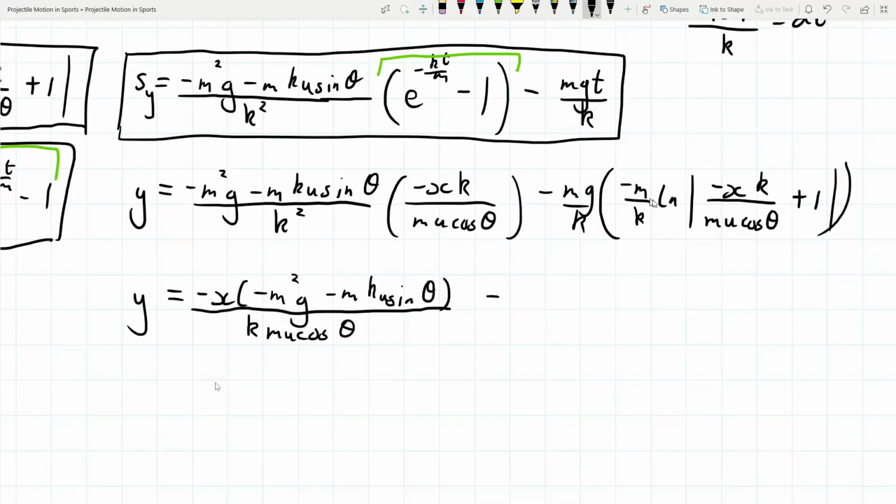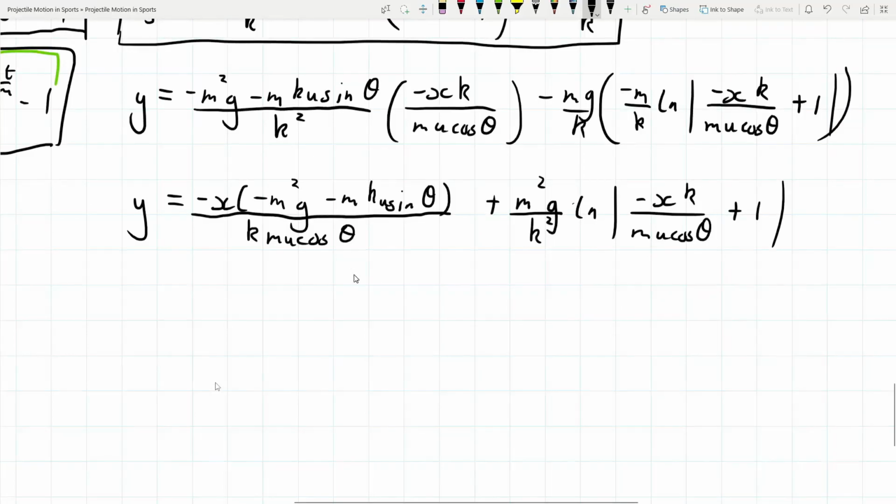Okay, so the minus inside the bracket and the minus outside the bracket are going to end up being a plus. We're going to have m times m is m squared, then we have g over k times k is k squared, multiplied by ln of minus xk over mu cos theta plus 1.